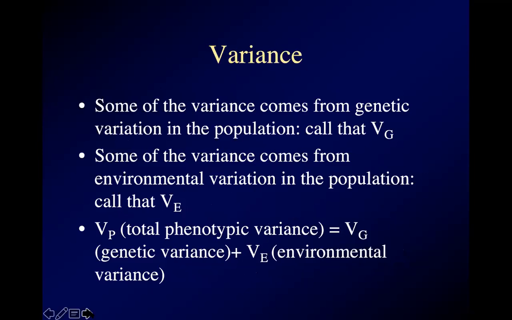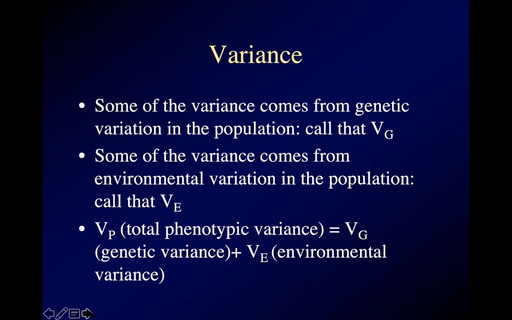Some of that variance comes from genetic variation in the population. Some of that variance comes from environmental variation in the population. And we can call these components V sub G and V sub E.